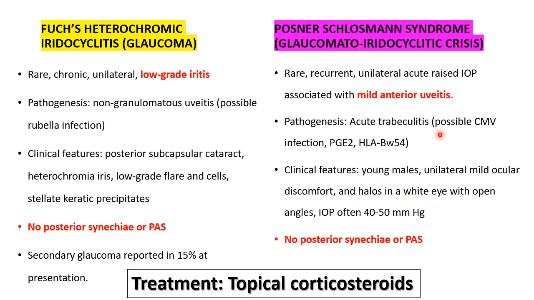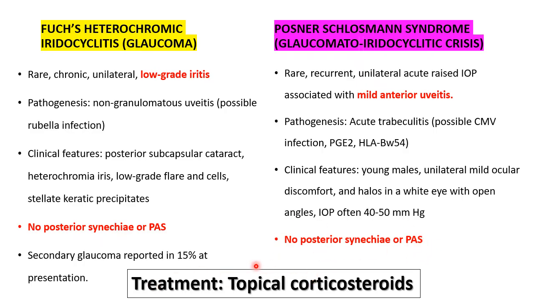White eye, why? Because it's a very mild type of uveitis. Open angles, but the pressures are very, very high, 40 to 50. This is very specific of Posner-Schlossman syndrome. That is why another name is glaucomatocyclitic crisis. Again, no posterior synechiae or peripheral anterior synechiae.